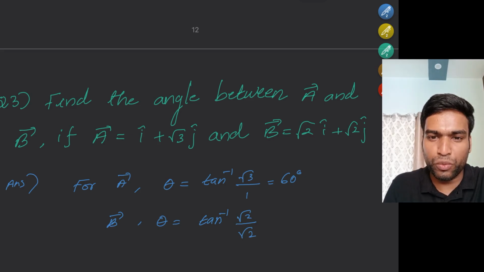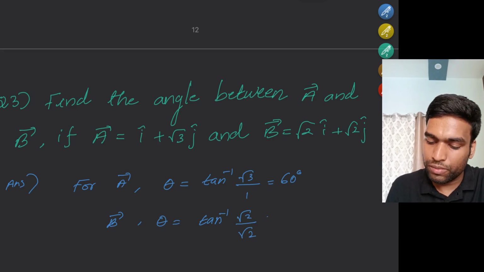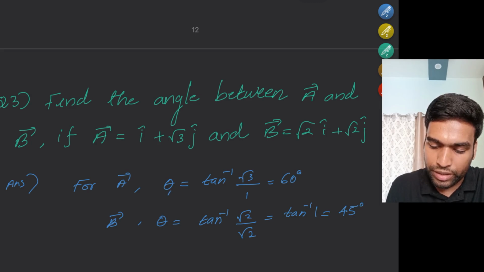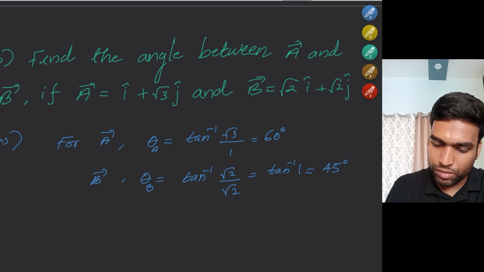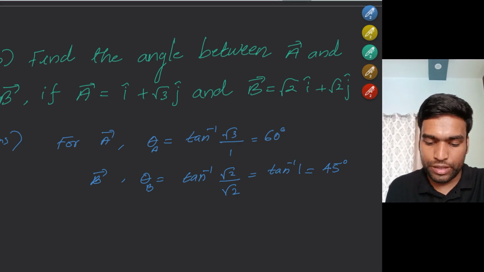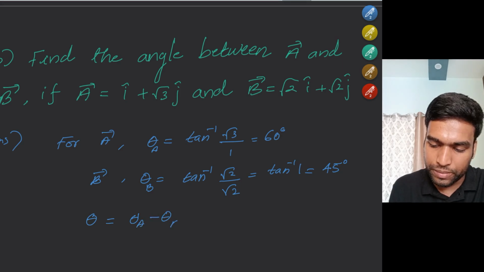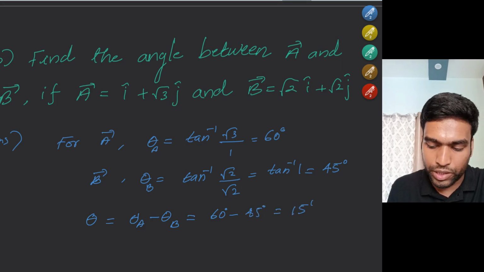Both x and y components are same. Therefore, tan inverse 1 equal to 45 degree. To distinguish, let me write theta A for A direction, theta B for B direction. Therefore, the angle between them is theta equal to theta A minus theta B, which is 60 degree minus 45 degree, and definitely it is 15 degree.